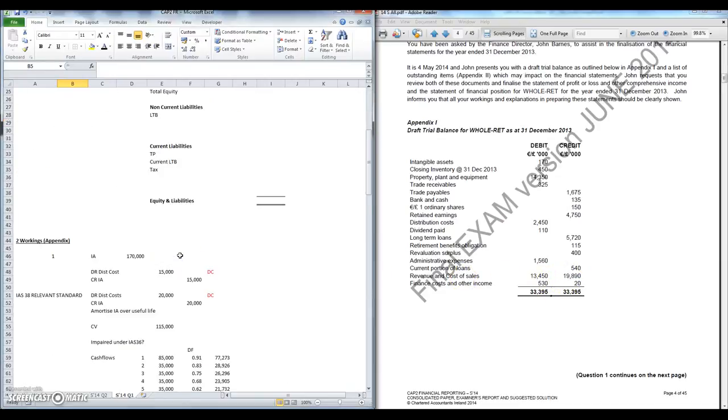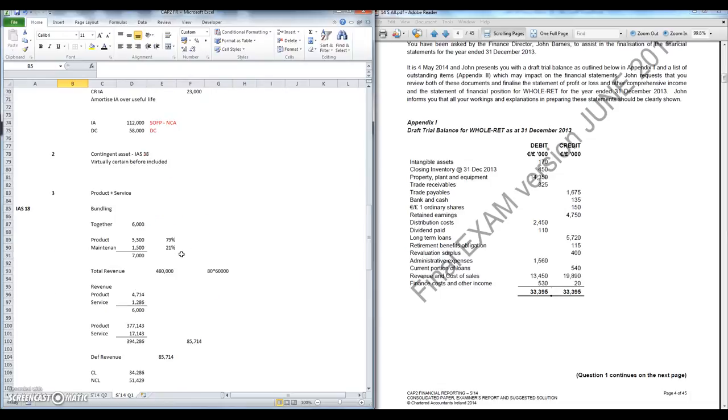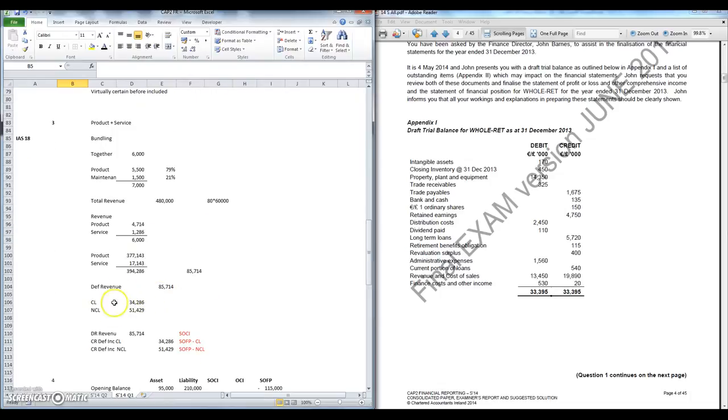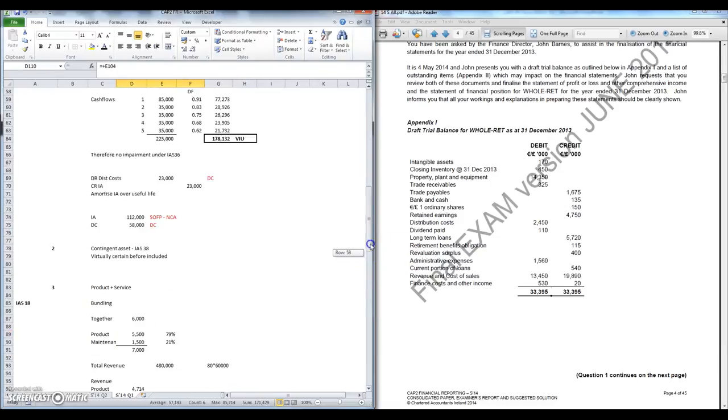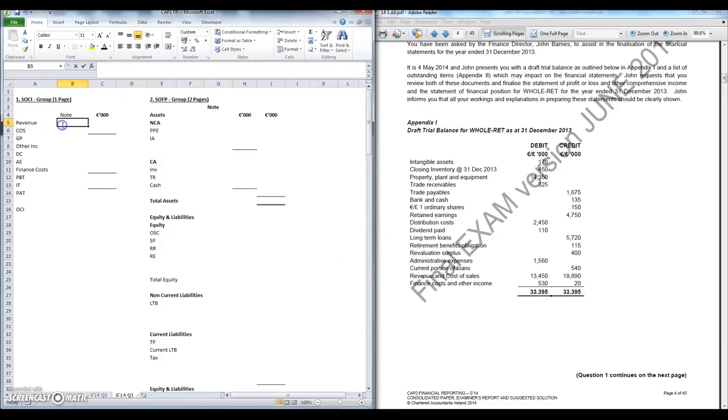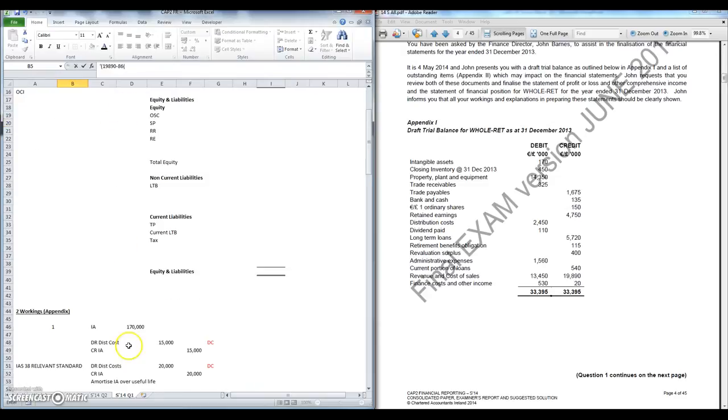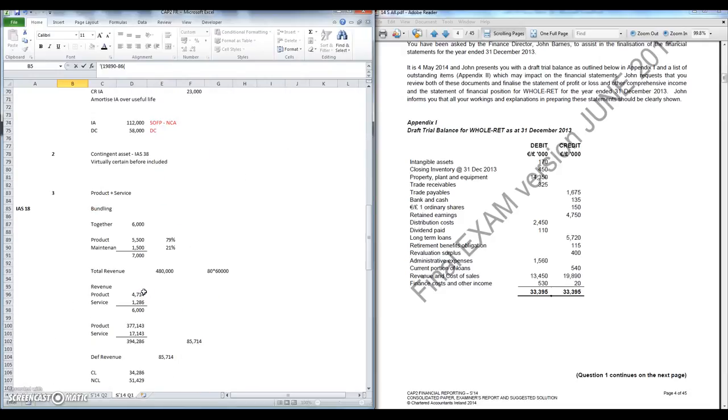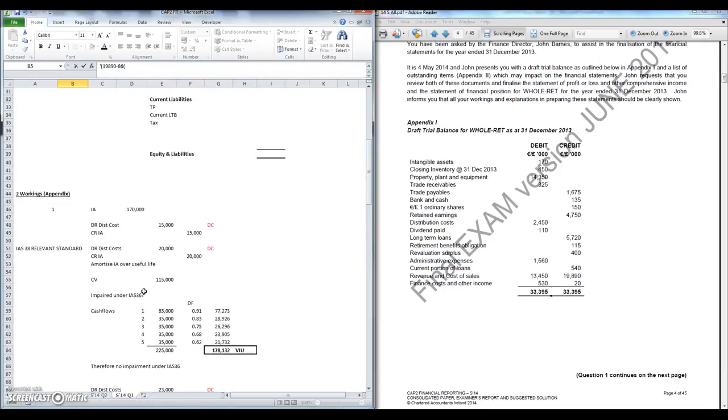But if we look down through the workings, we know we did deferred revenue of 86, so we round up, so a SOCI of 86. So we go back up then, and you can either put it here as a note of 19,890 minus 86, alternatively, and you could reference there whichever working it is, working 3.